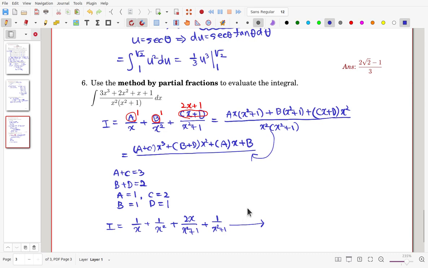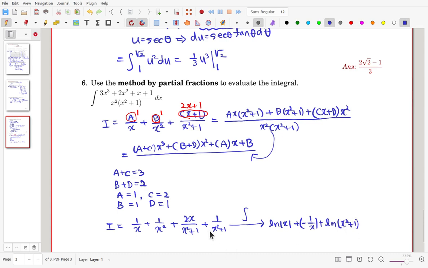The antiderivatives of these terms: from the first one it is logarithm of x, and from the second one there is a minus 1 over x, right? And from the third one, the top is the derivative of the bottom, so it is the logarithm of the absolute value of x squared plus 1, but this is always positive, so we don't need the absolute value sign: logarithm of x squared plus 1.